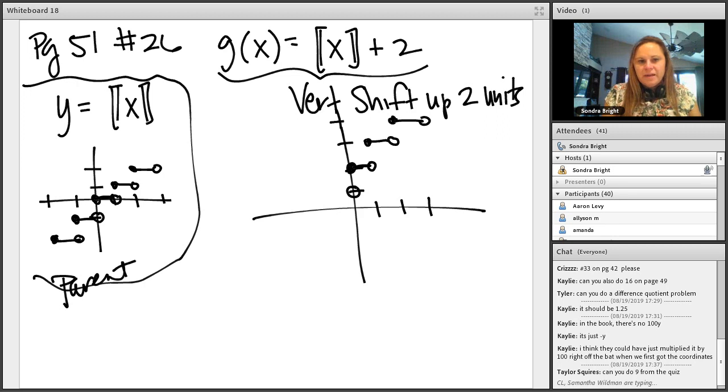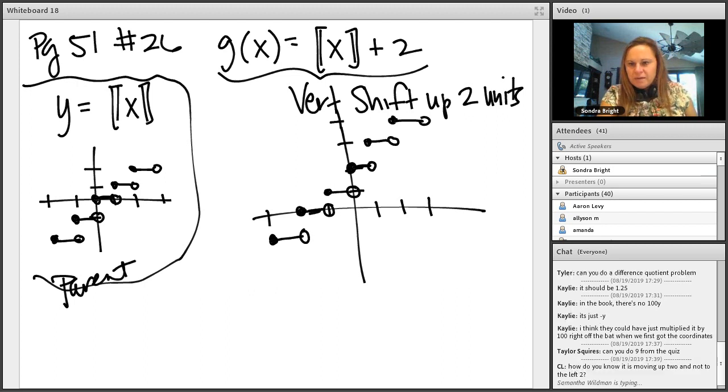Open on the right, closed on the left, stair step, open, closed, stair step, open, closed, stair step. So all you're going to do is just shift the whole thing up 2 units.